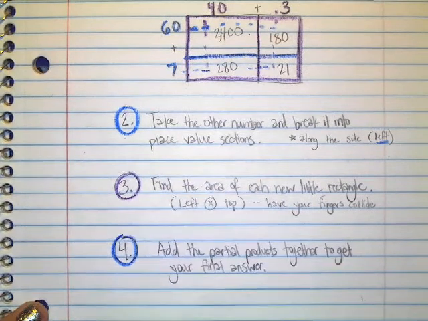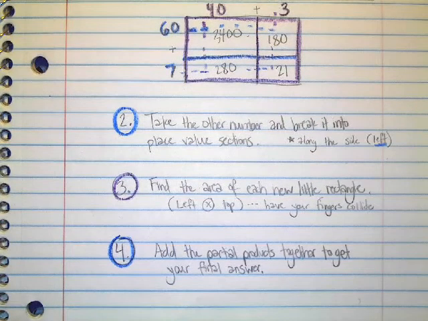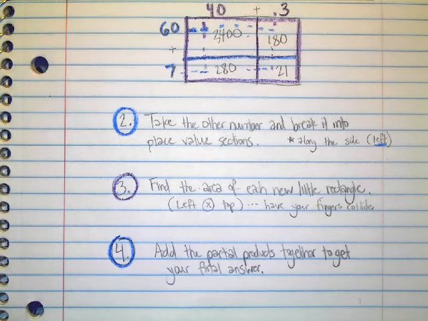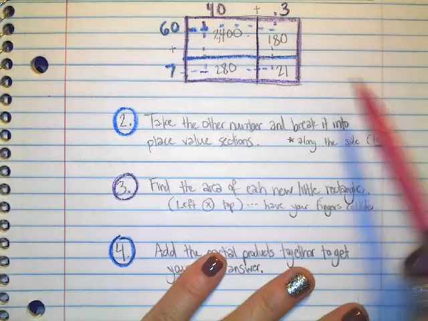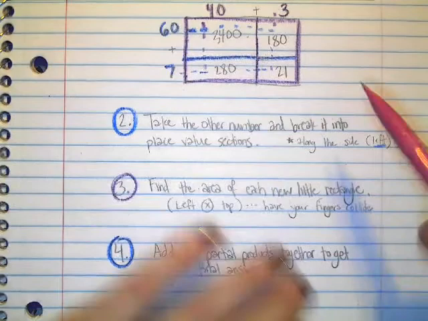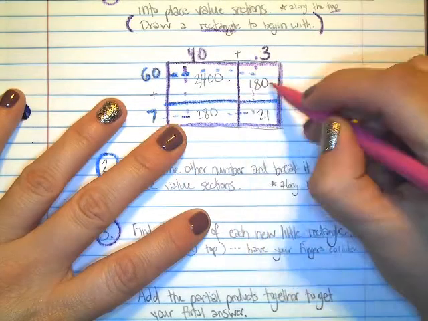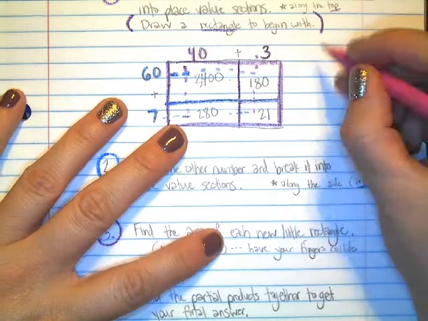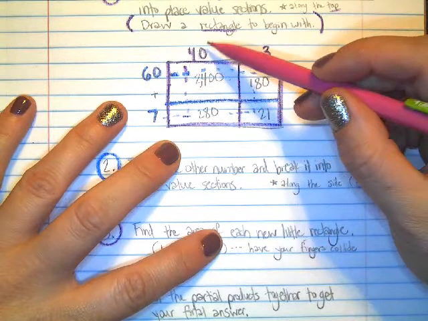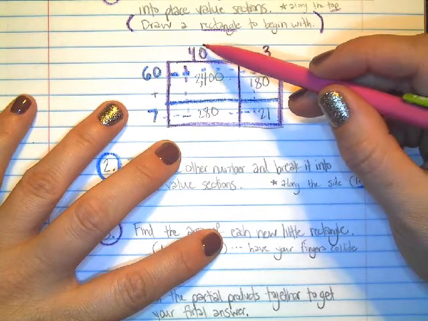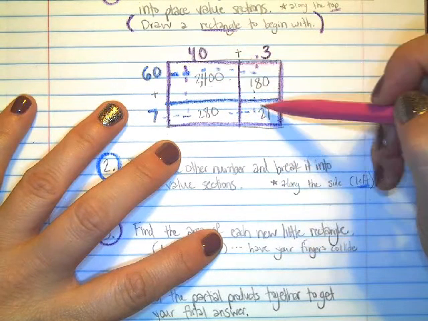To get your final answer. Add the partial products together to get your final answer. Okay, well, I have a bunch of partial products, don't I? Yes, I do. So I just take all of them and I add them together. So I have 2,400. I have this one and I have this one combined.